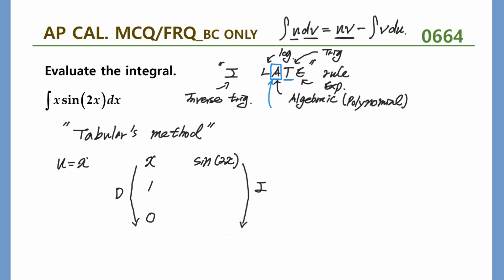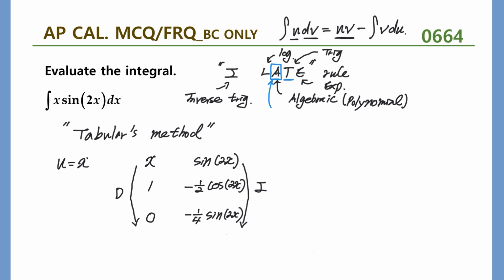The antiderivative of sine 2x is negative 1 over 2 cosine 2x. The antiderivative of negative 1 over 2 cosine 2x is negative 1 over 4 sine of 2x.